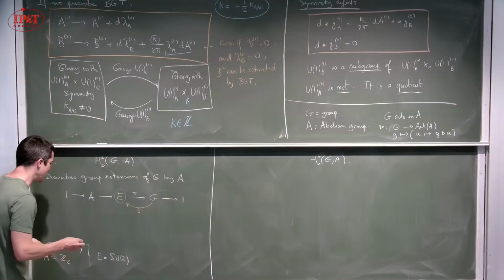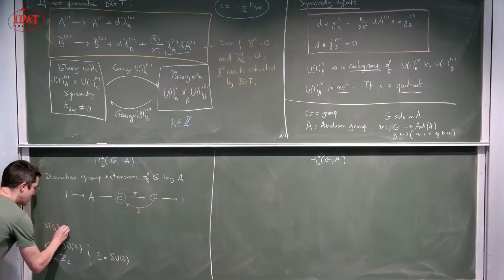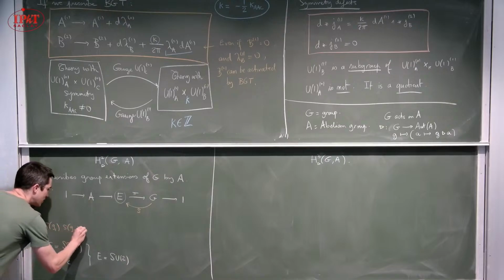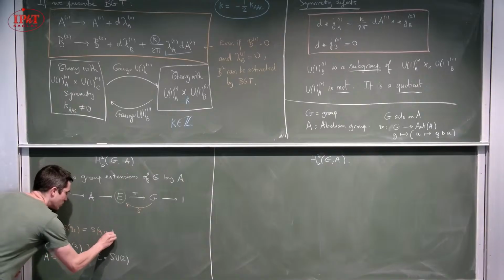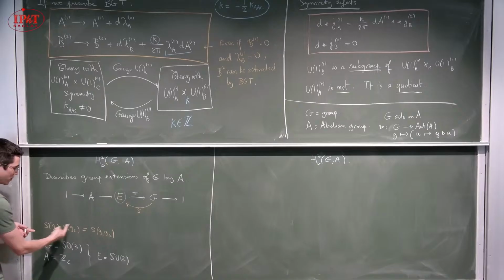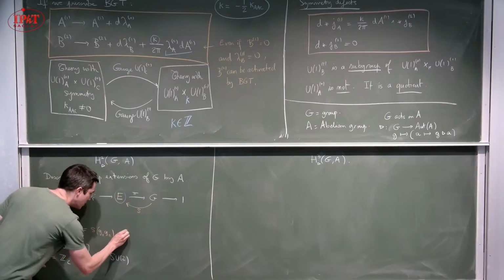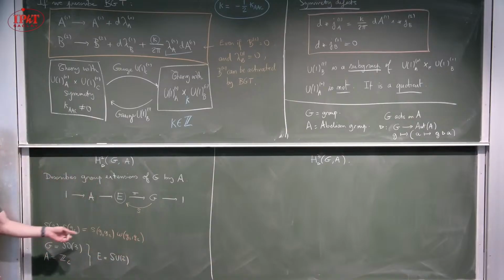So there's a problem. S of G1 times S of G2 is not equal to S of G1 G2. This would be the case if it was a group morphism, if the sequence is split. But here it's not the case, and the mismatch is this omega of G1, G2. So you see it's exactly the same as in the projective representation.